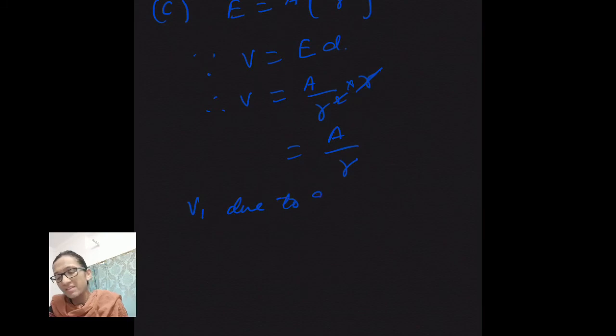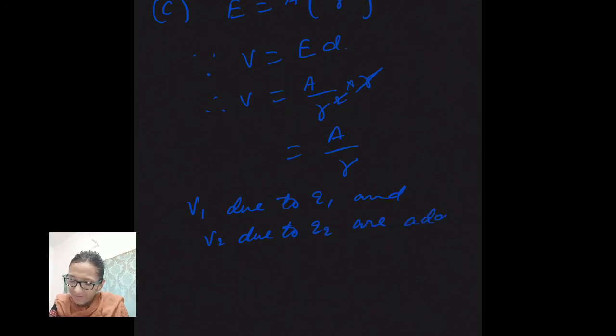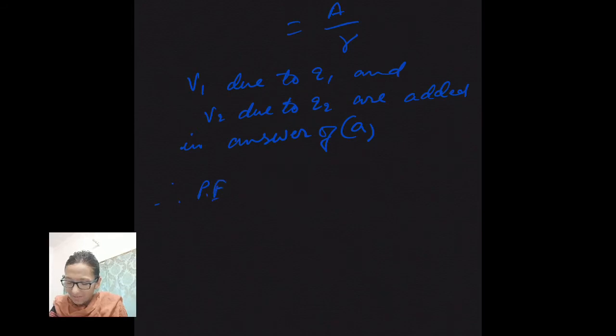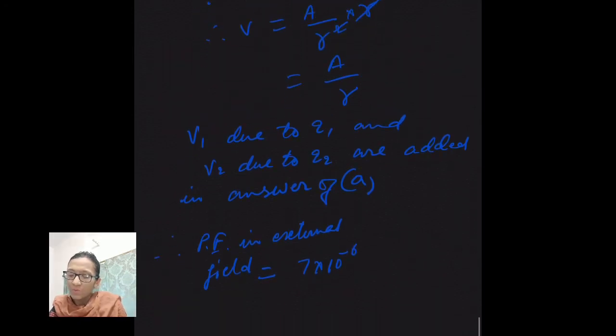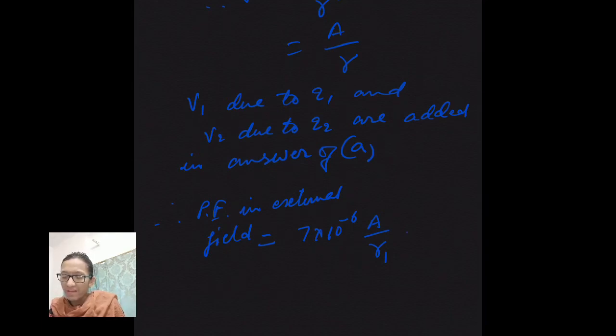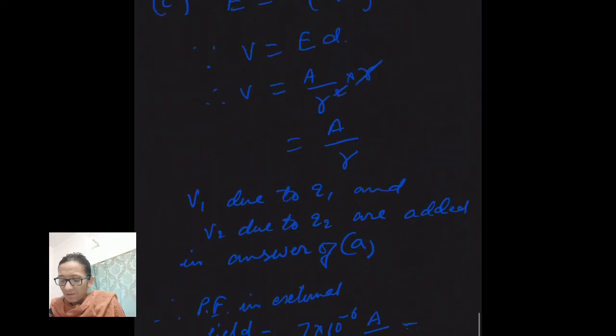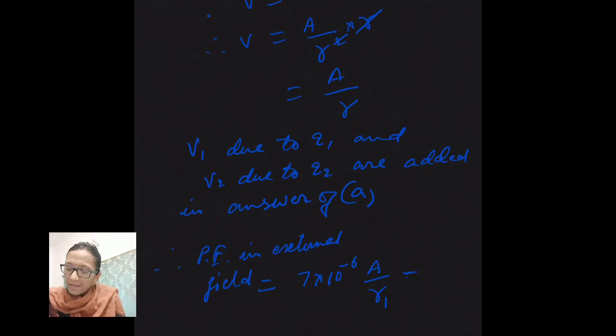Along with the potential energy you have obtained in question number A, we will be adding V1 due to Q1 and V2 due to Q2, added in the answer of A. So the potential energy in the external field is equal to Q1, which is 7 microcoulomb, 10 power minus 6, into V, meaning A upon R1, and another charge.